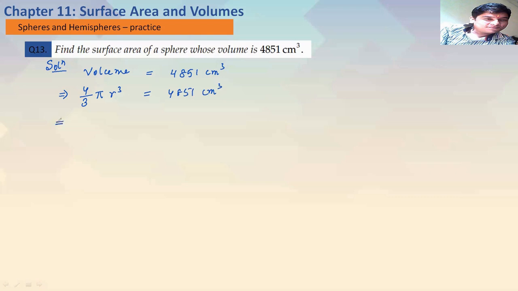Plug in the values, Anish. 4/3. What is pi's value? 22 by 7. Times r cubed. We cannot do anything to r. Cube, that's what we are looking for, right? r.